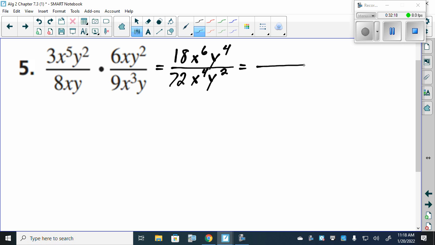It will simplify it down to 4. And now for our x to the 6th over x to the 4th, 6 minus 4 is x squared, and it's going to stay on top since it's bigger on top. And y to the 4th over y squared is going to be y squared on top. And we get this here.